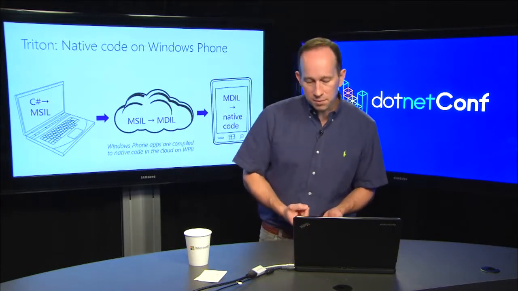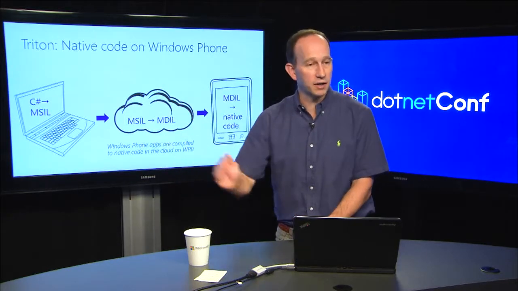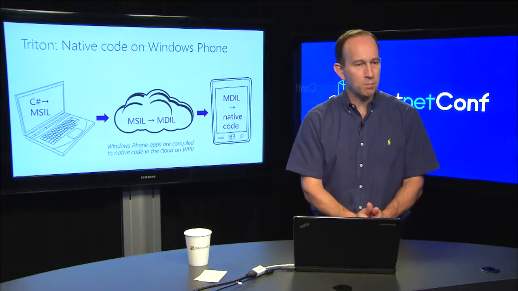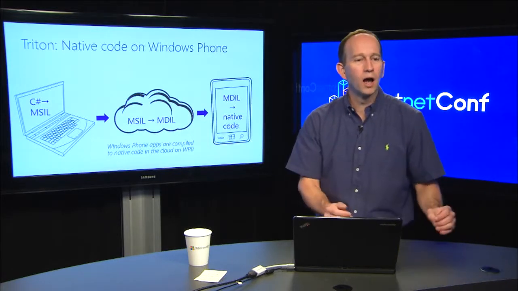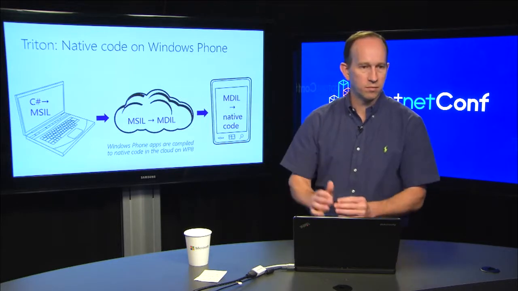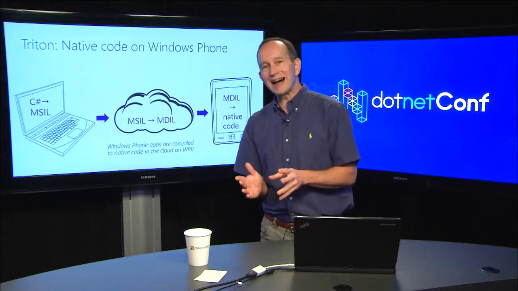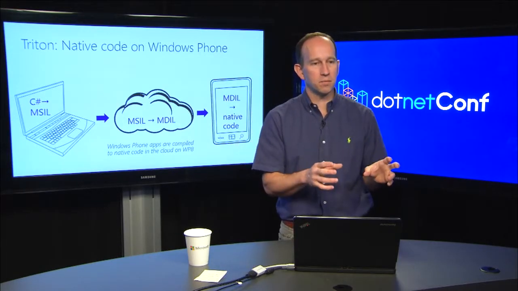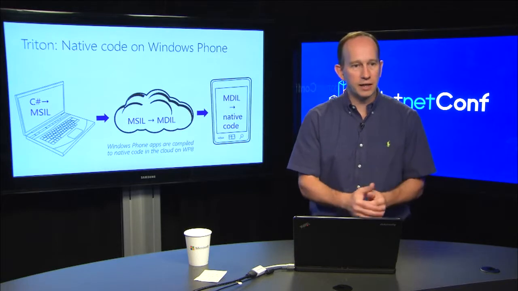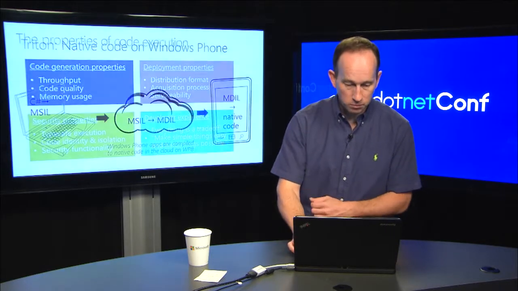These fix-ups allow us to say, hey, this API is located in that DLL and that's over here. We might even say this API is at offset hex 4324 in assembly foo. And so the MSIL to MDIL is the conversion. This is the hard compilation bit that we can do in the cloud. And then the MDIL to a native executable we do on Windows Phone.